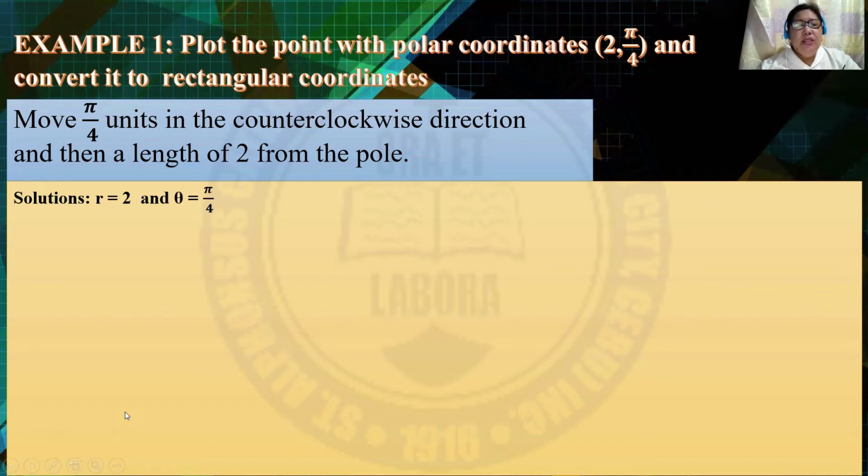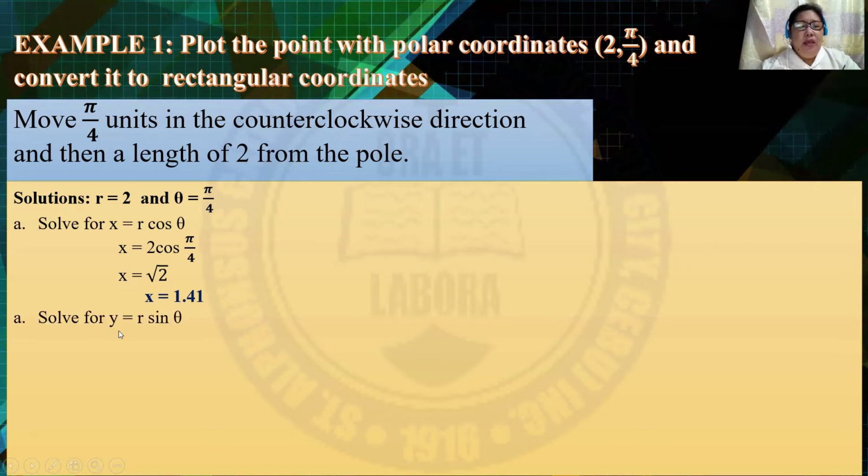For the solutions, solve for x is equal to r cosine theta. So x is equal to 2 cosine pi over 4, that is the value of theta, and 2 is the value of r. So it is square root of 2. And in decimal, it is 1.41.